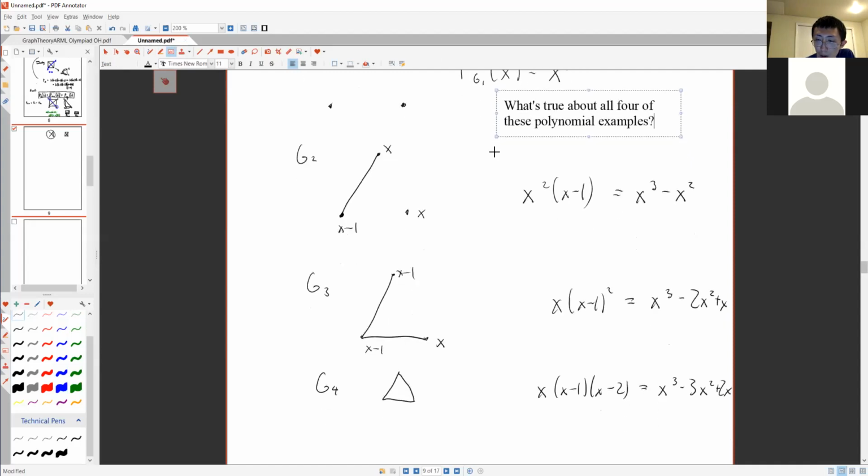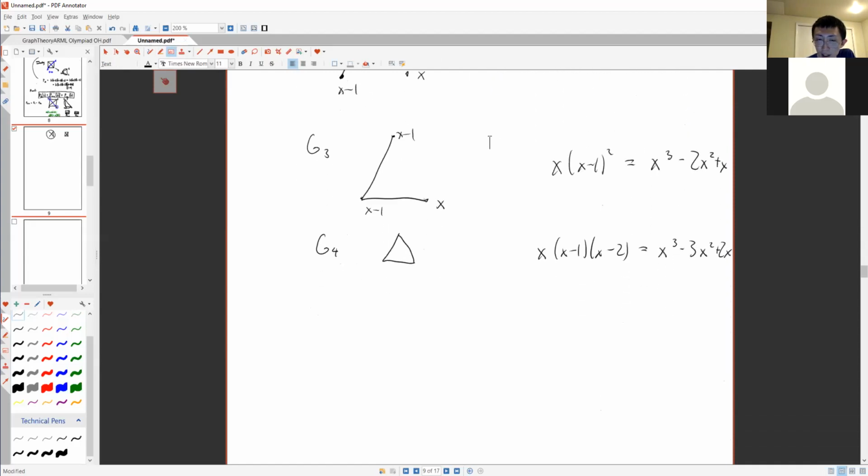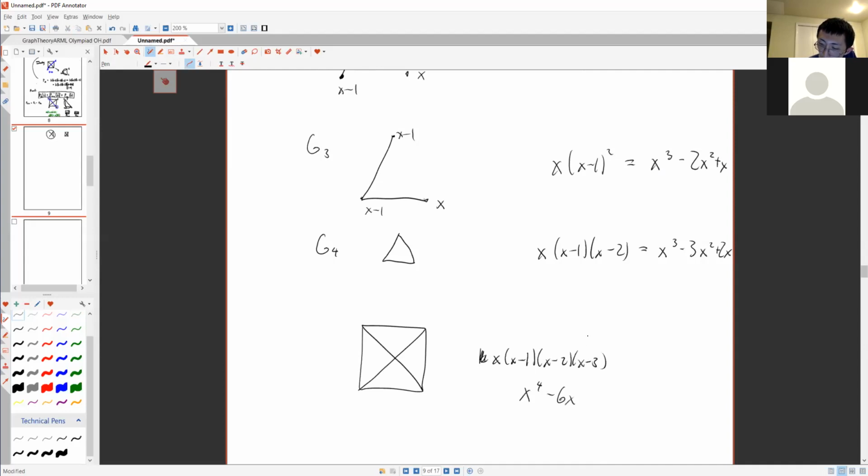Okay. Well, that's true in this case. But remember, when we had the other case, like if we have the complete graph on 4 vertices, this is, let's use x, x minus 1, x minus 2, x minus 3. So it looks like that.